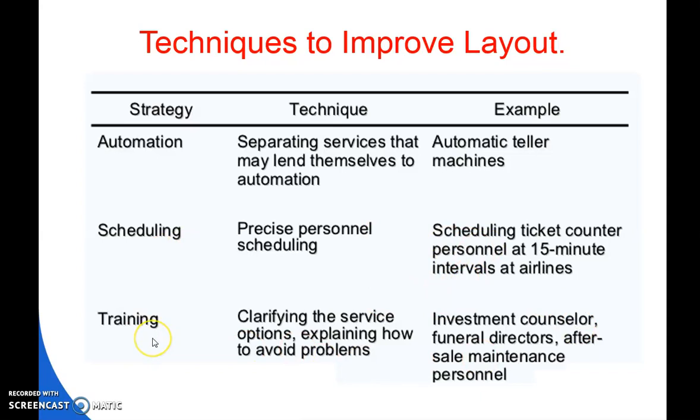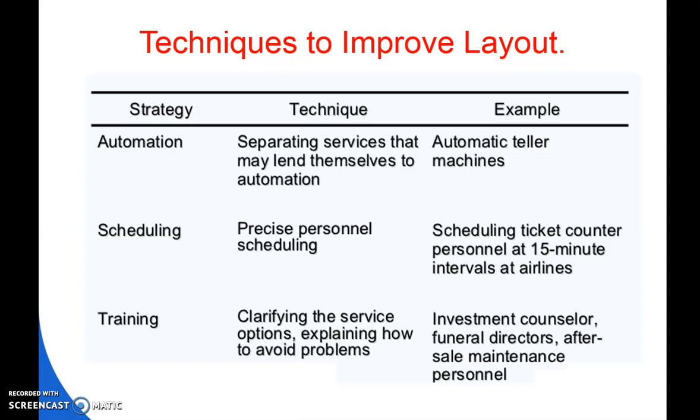Then training. Some workers do not have sufficient knowledge about the production system, so you have to give them knowledge to clarify the service, the process to be followed on the raw material, and the use of machineries, so that during processing the machine does not break down.